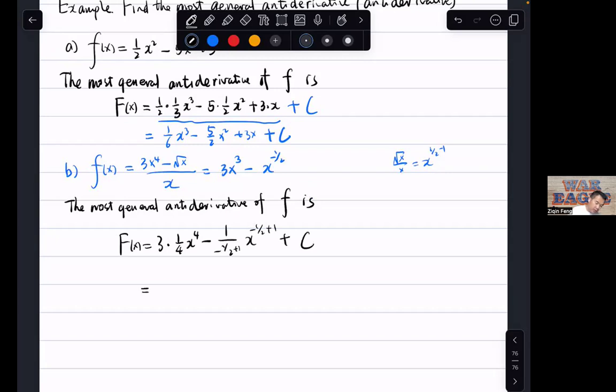So this is 3/4 x^4 minus 2 times x^(1/2), then plus a constant. So that's the most general antiderivative of such a function, right? Okay.